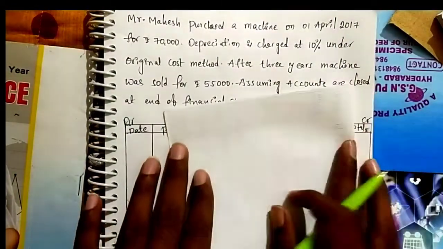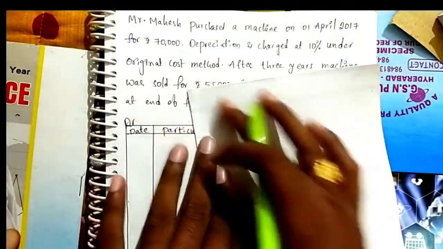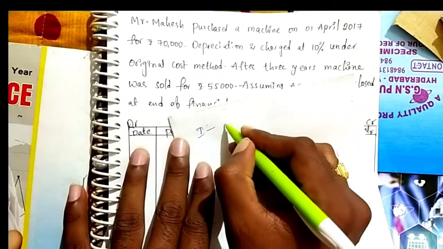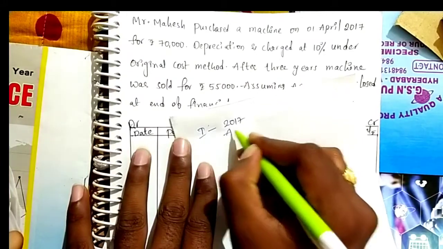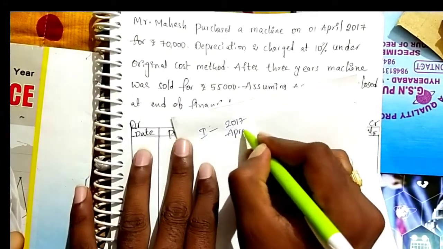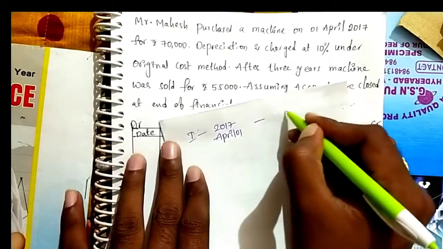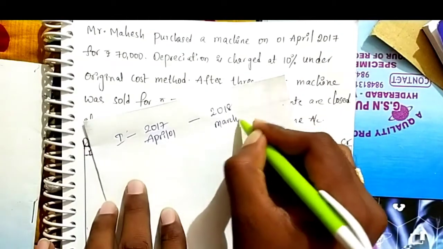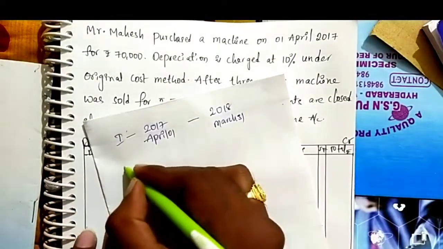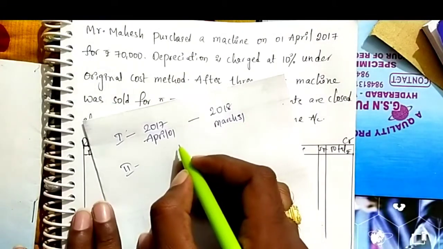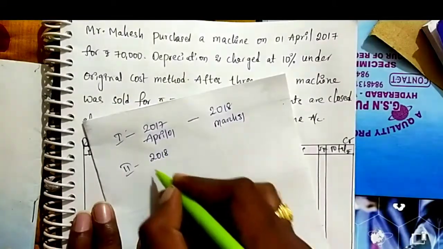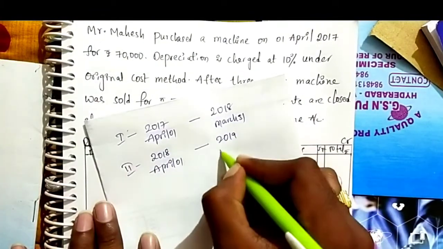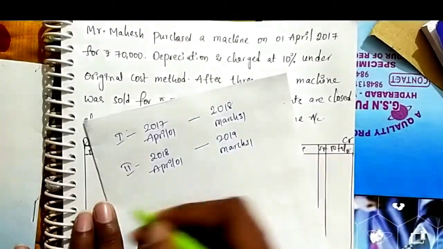See this first. The first financial year starts from 2017 April 1st to 2018 March 31st. Next, the second year starts from 2018 April 1st to 2019 March 31st.